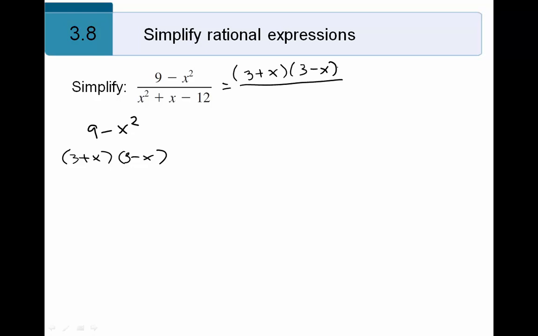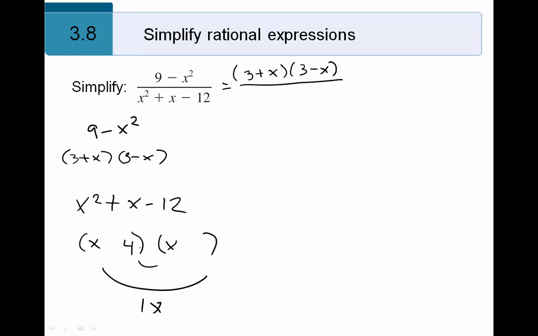Okay, and now I'm going to go ahead and factor my x squared plus x minus 12. x times x is x squared. I'm considering my factors of 12 that will add up to 1x. 4 times 3 is 12. 4 times x is 4x.